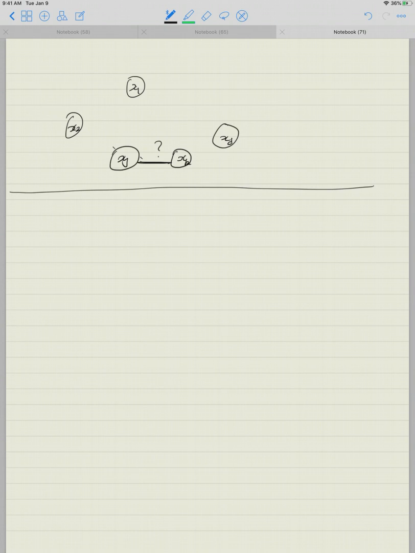Okay, so the way we will decide whether to put an edge or not is that we compute the sample correlation rho jk, and we want to make a decision based on this.